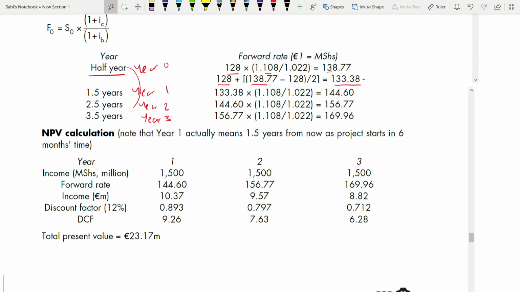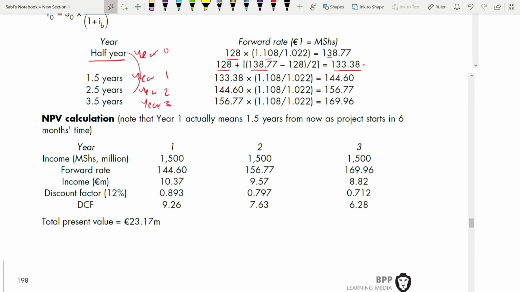Now calculate for the first 3 years how much you are going to receive the income. 1.5 billion, 1.5 billion, 1.5 billion. 1.5 billion means 1500, you are writing millions. Now the forward rate which you have calculated for the 3 years, only for 1, 2, 3 you need.